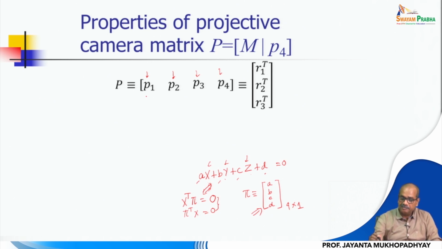On the other hand, in the row vector representation of the projection matrix, each row is a 4 cross 1 column vector. So, we will be interested to know what those rows are, because they can also represent a plane. Considering those rows as planes, what are those planes with respect to the imaging configuration? That we are going to discuss now.